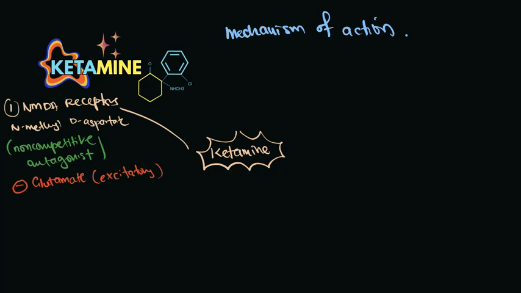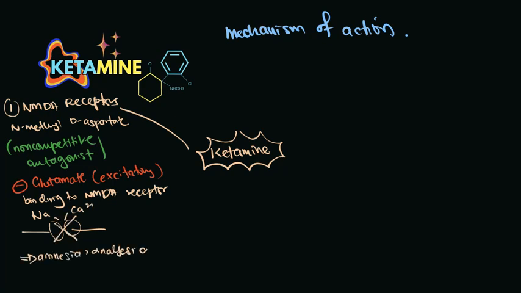So when ketamine binds to NMDA receptors, it prevents glutamate from allowing sodium and calcium to enter the cell membrane. This causes the states of amnesia, analgesia, as well as dissociative anesthetic effect.